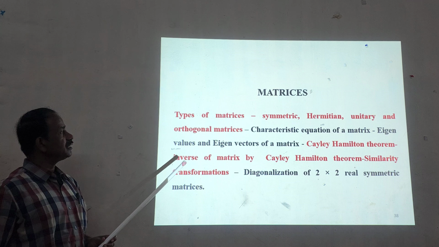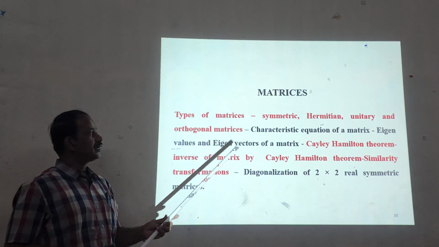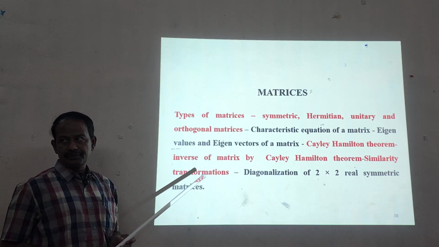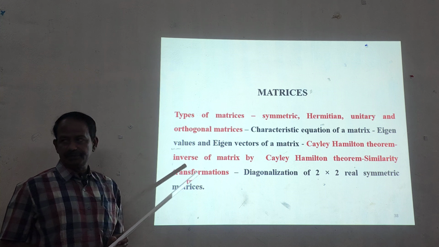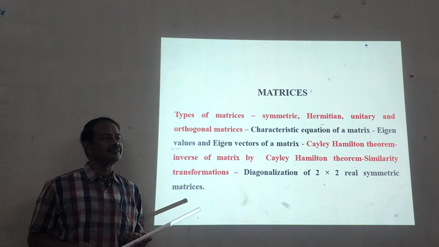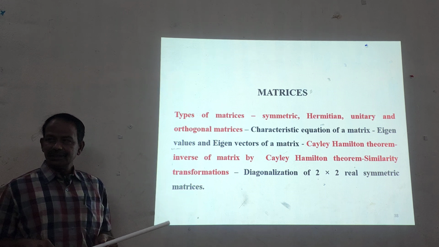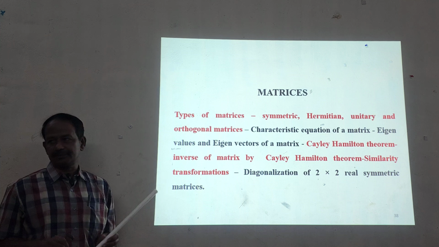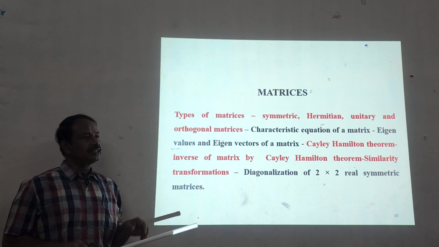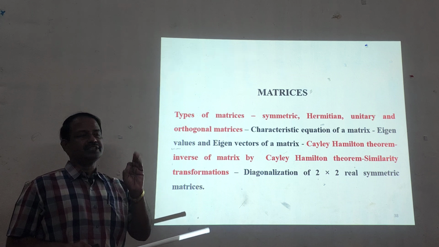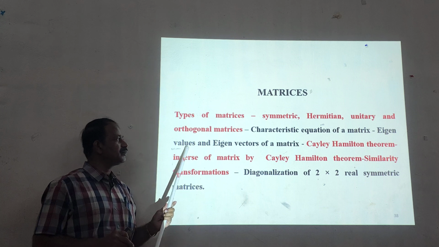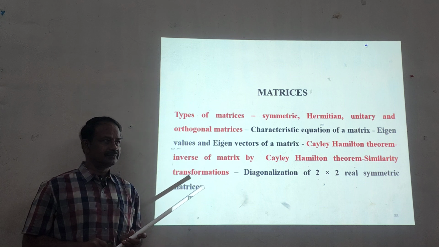Okay. So in this class we are going to discuss the characteristic equation of a matrix, eigenvalues and eigenvectors of a matrix. All these three things are very, very important, not only in mathematics but also in all the other subjects. So today we are going to discuss, first, the characteristic equation, second, the eigenvalue, and third, the eigenvector.